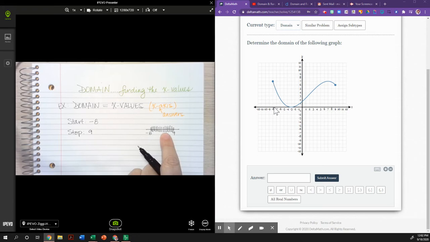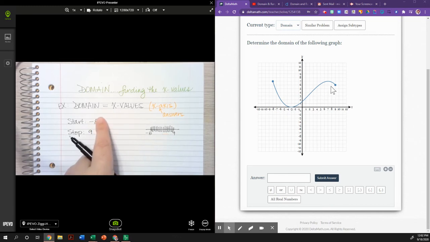As long as I'm between -8 and 9, if I say, what happens at 2? You can go up and say it's about 3.5. If I say, what's happening at 4.5? You go up and the answer is maybe 6. So everywhere in between.